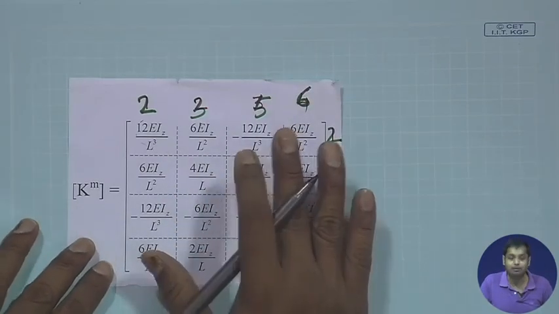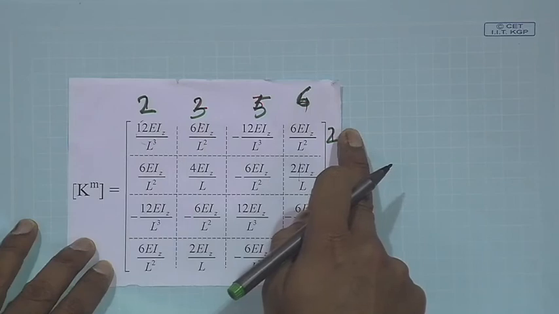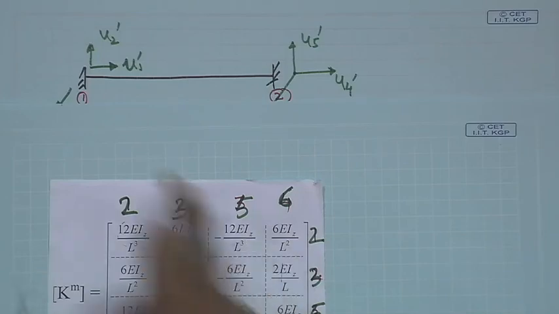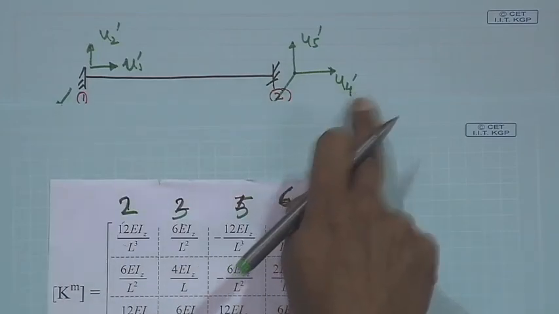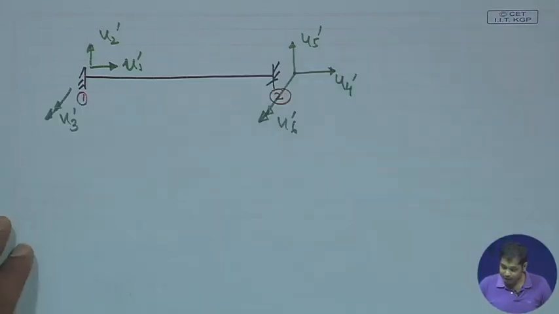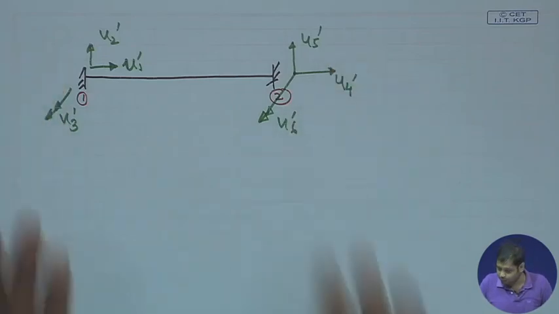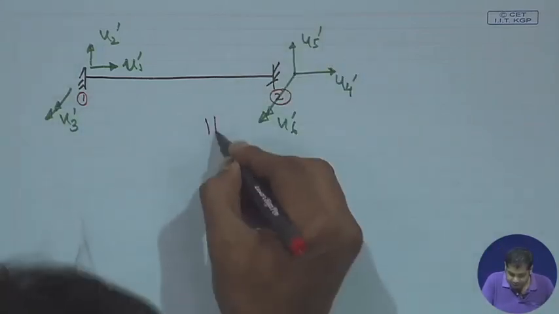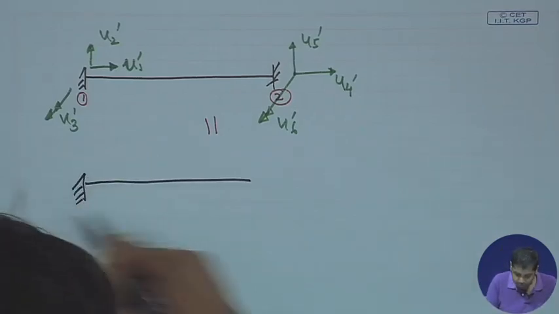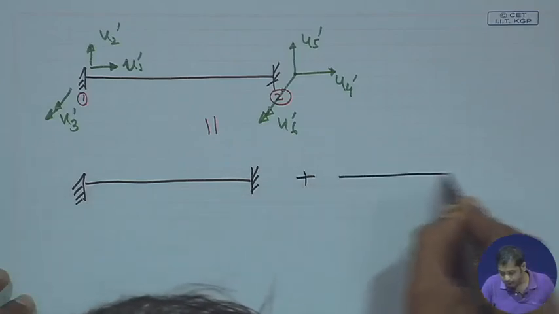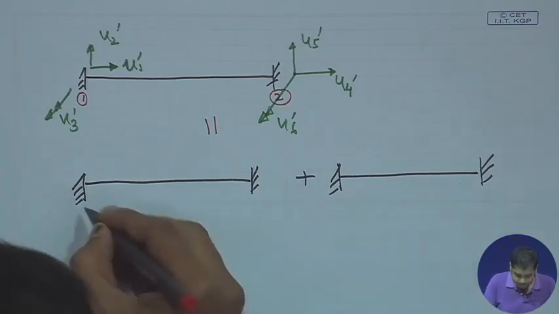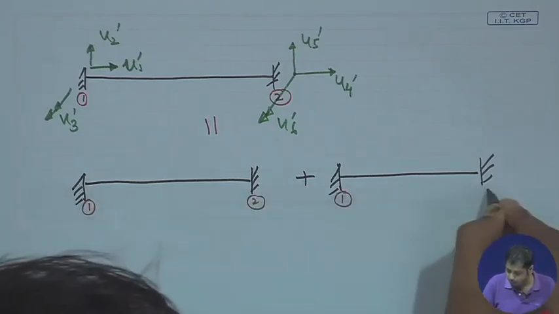Now, here we have to insert rows and columns corresponding to the first degree of freedom and the fourth degree of freedom. Now, we already know from truss that this entire problem we can decompose like this. This can be decomposed into two problems. Which one is this, plus another problem this, where this is node number 1, node number 2, this is node number 1, node number 2.